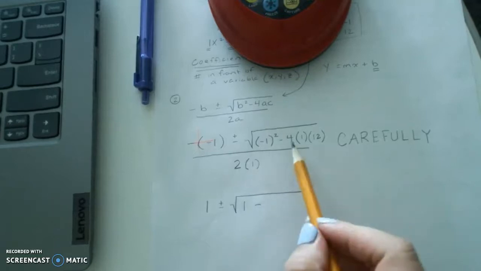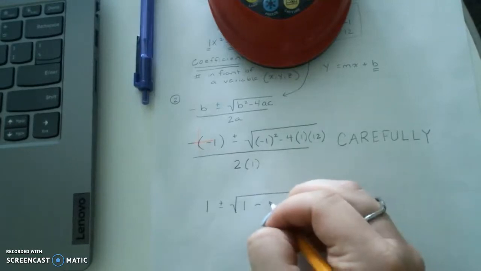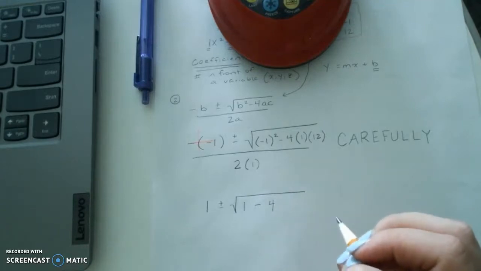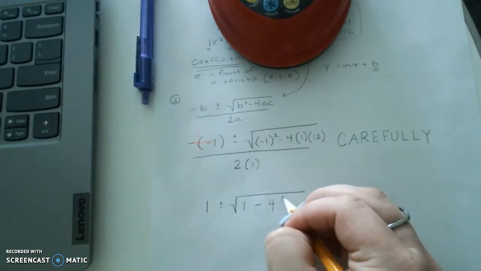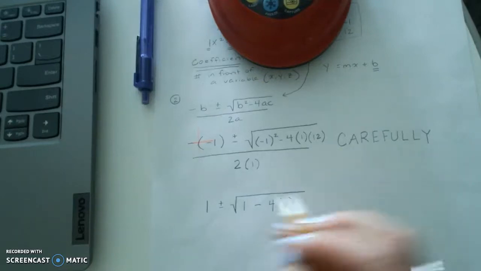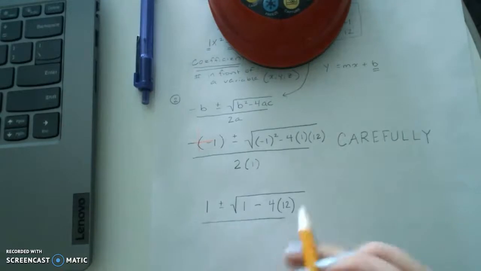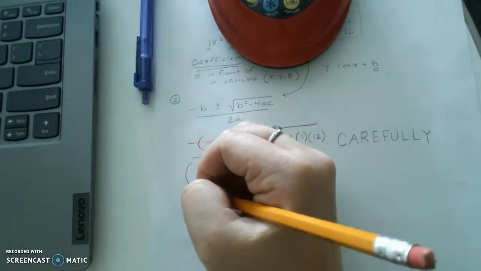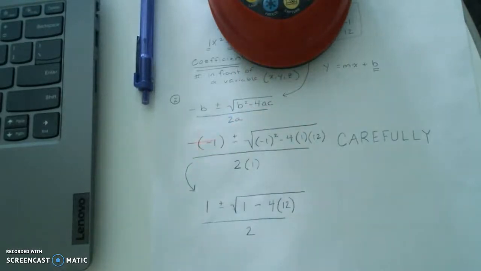Minus 4 times 1 is 4. And 4 times 12 will be our next step. And 2 times 1 is just 2. See how I'm doing it step by step? I'm not rushing. I'm not jumping ahead. I'm not trying to do things in my head that I don't need to.